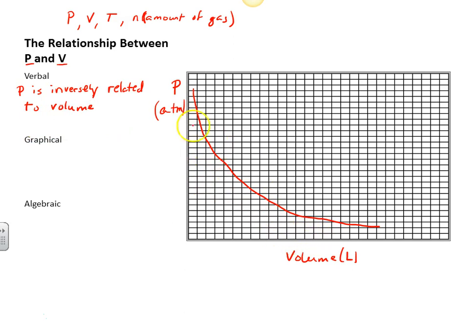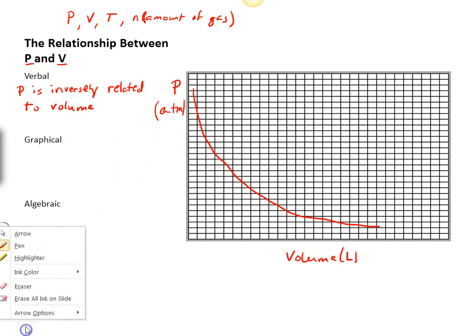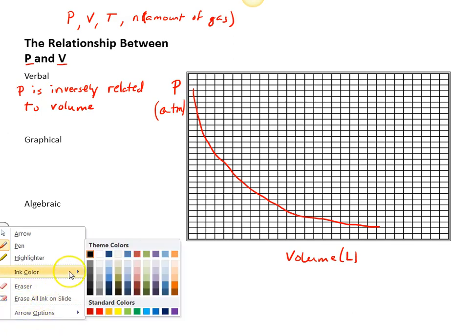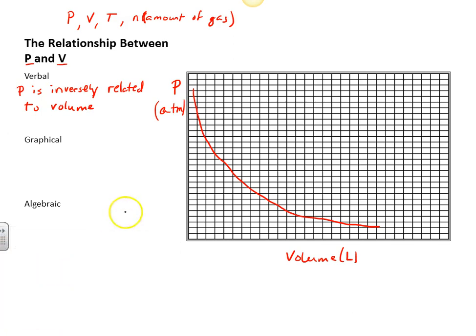We can also graph, and I'll use a different color for this. Let me use blue. If I were to graph pressure versus 1 divided by volume, what I would find is that I have this relationship.